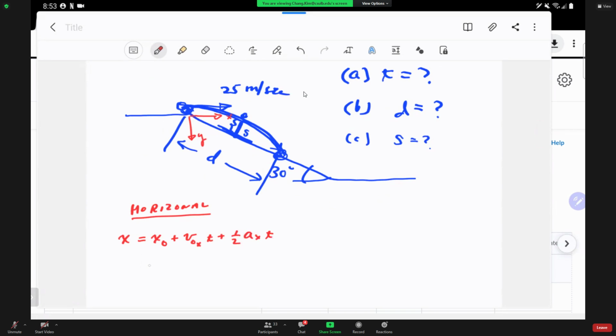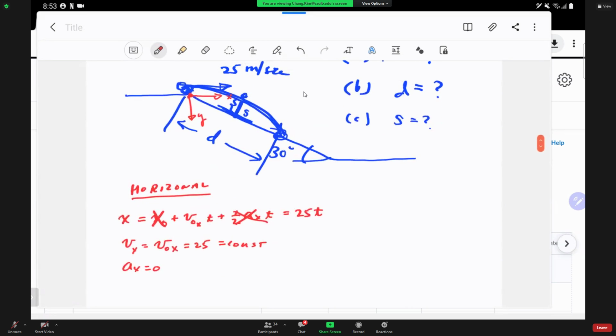But in this case, velocity in the x direction is v naught x, which is 25, which is constant. So therefore, a x is equal to 0, so this doesn't come in. And I'm going to put the x naught over there so I don't have the initial x. So basically, x is determined to be 25t. Okay?